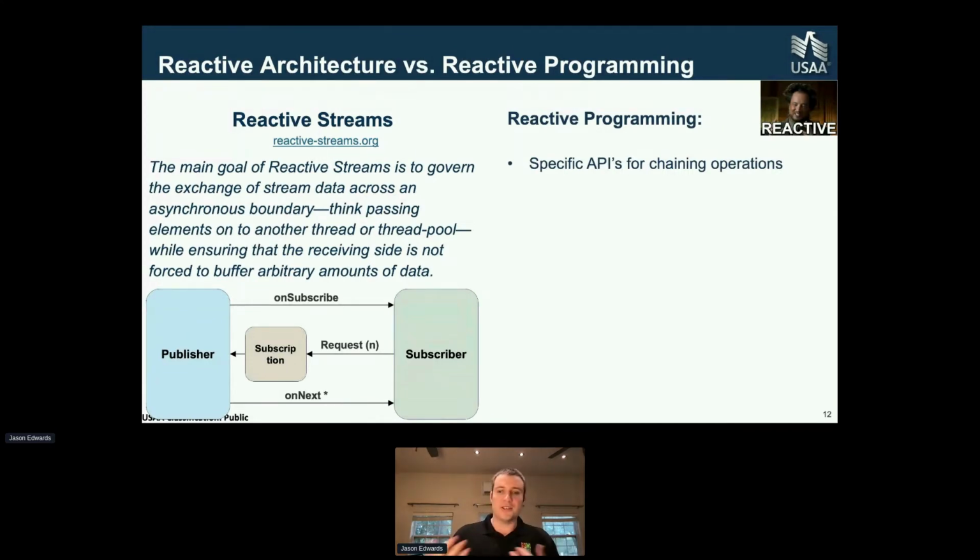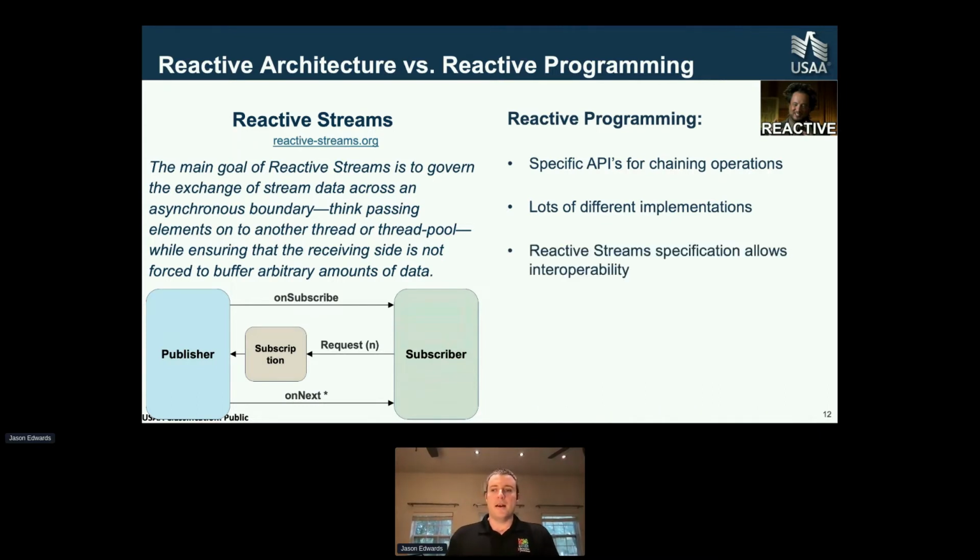And those operations can be done on multiple different threads without waiting on each other. There's a lot of different implementations out there. Just for the JVM, you've got Spring's Project Reactor, you've got Akka Streams, you've got RxJava, you've got Eclipse's Vert.x, there's others as well. And all those implementations can interact with each other if they comply with this reactive streams specification.